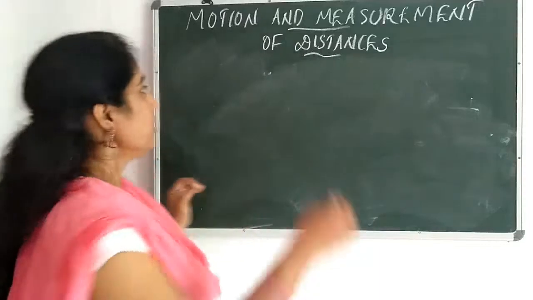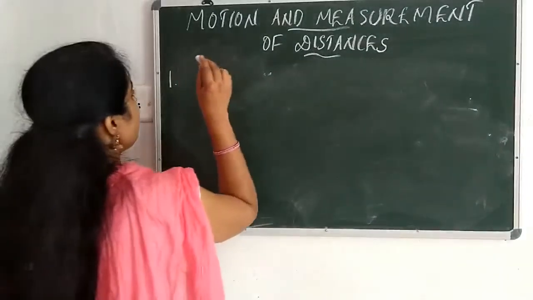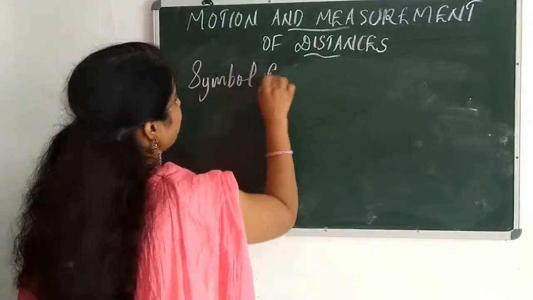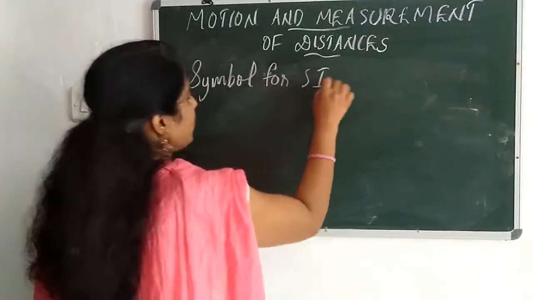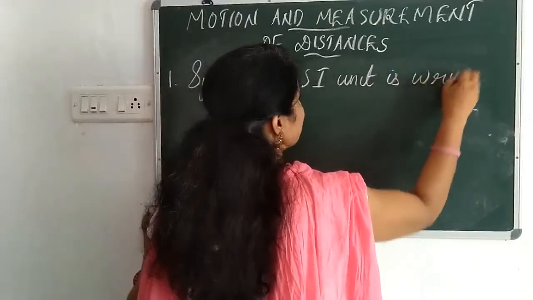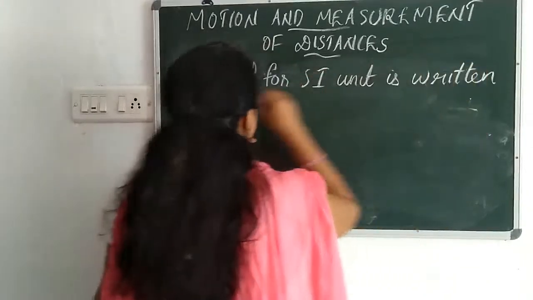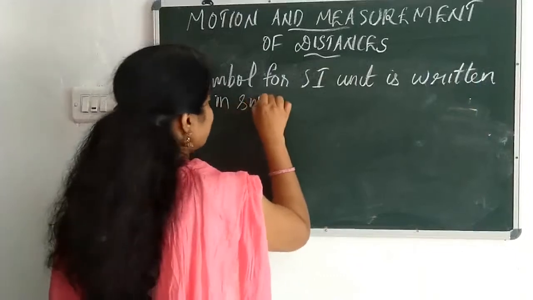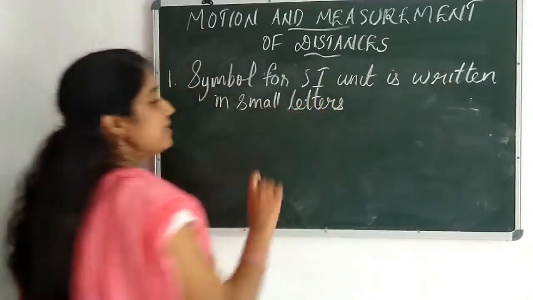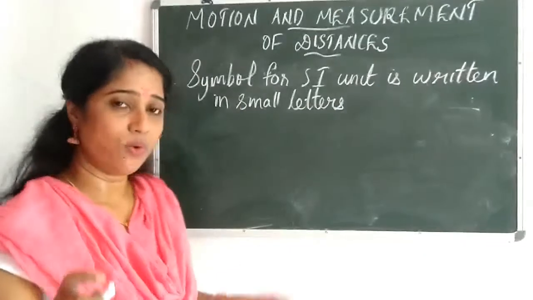First one, the symbol for SI unit is written in small letters. It's very very important. Symbol for SI unit, it is written in what?